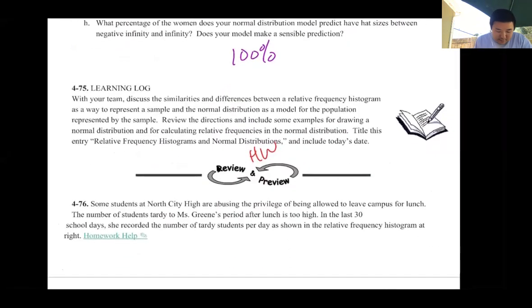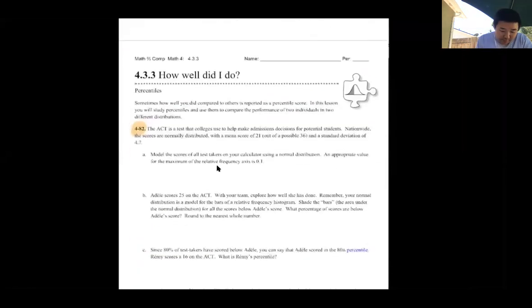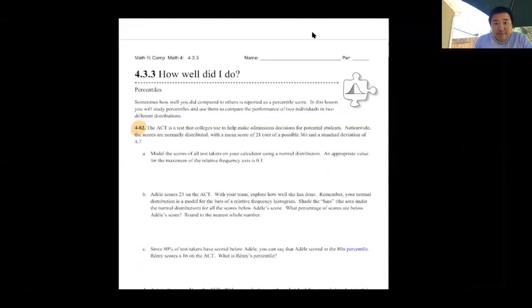All right, here's part 3, 4.33. We're going to add a page here after this one.